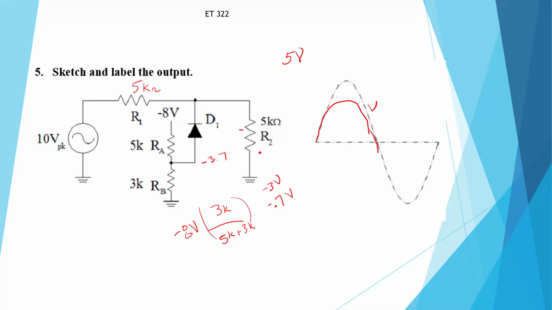This one, when it's reverse biased, it's going to be minus 3.7, clipped at 3.7. Good.